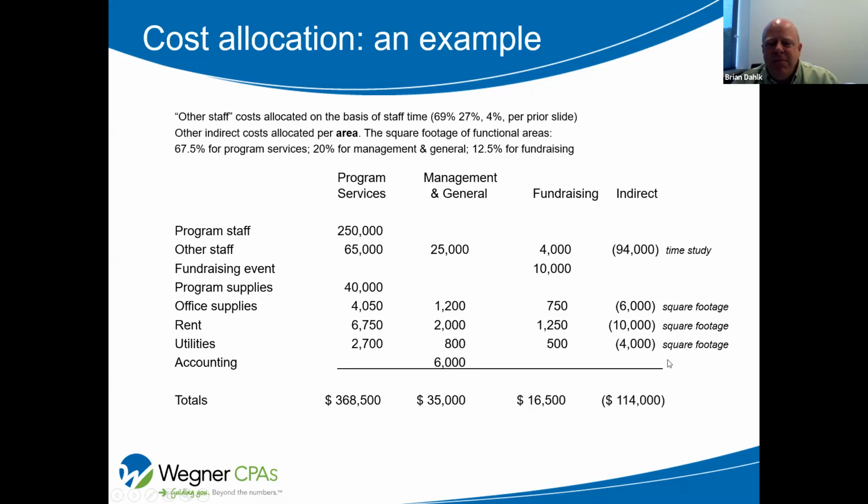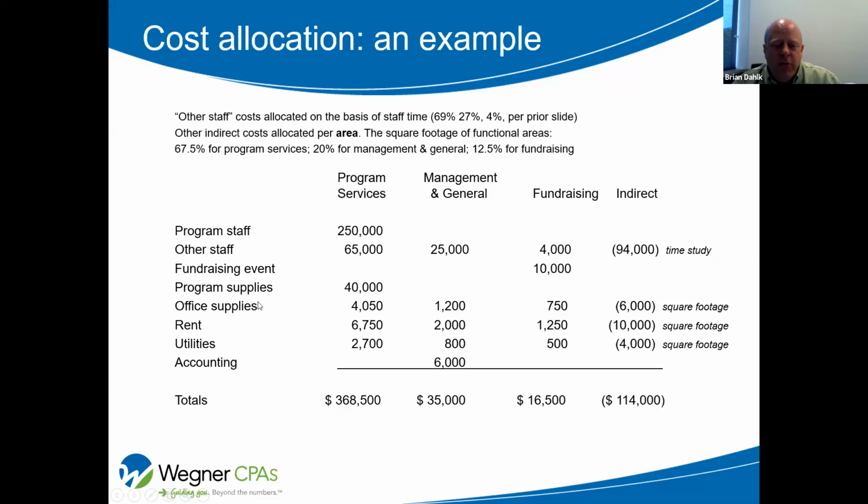If we take that same nonprofit, with the same basic financial information, another way we could do the cost allocation is to say that, for personnel costs, we're going to use that same time allocation as shown in the previous slide.